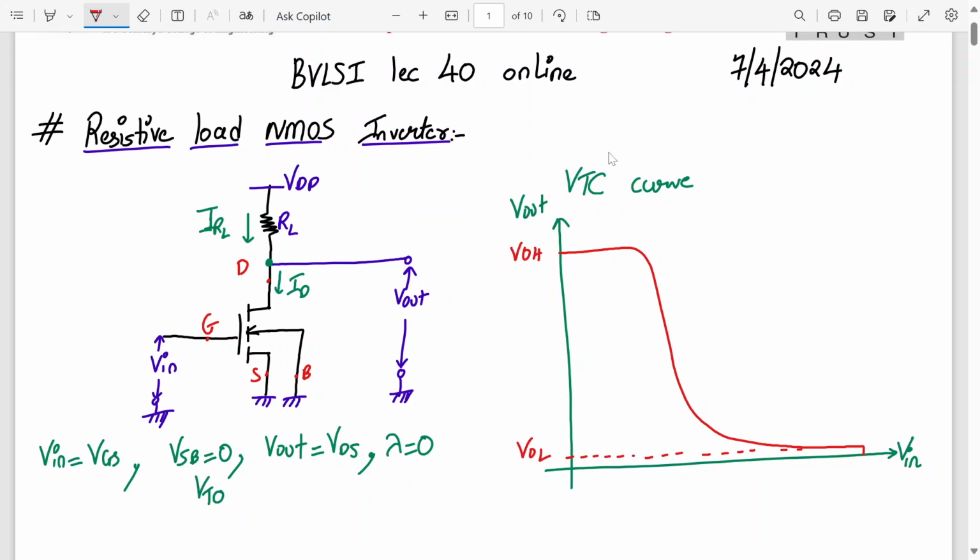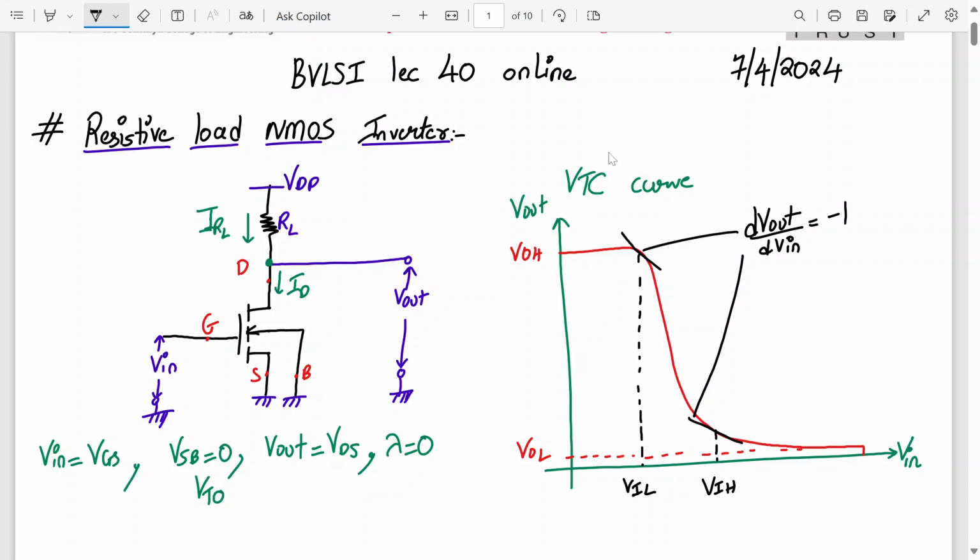This is VOH. Then we take a -1 slope and plot one line over here and one line over here. These two points are called VIL and VIH. At these two points we have slope equal to -1, so dVout by dVin is equal to -1.